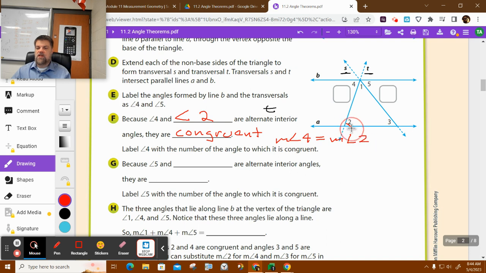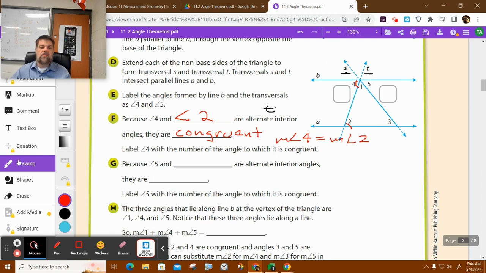Now, one way you could do that is you put one arc here and you put one arc here. Now, it says because 5 and blank are alternate interior angles, so 5 and 3, right?